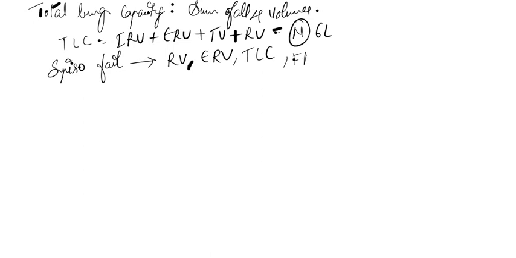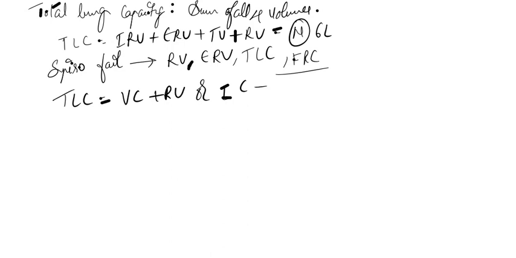So FRC also we cannot get from spirometry. Total lung capacity we can calculate by vital capacity plus residual volume, or you can also calculate by inspiratory capacity plus functional residual capacity.